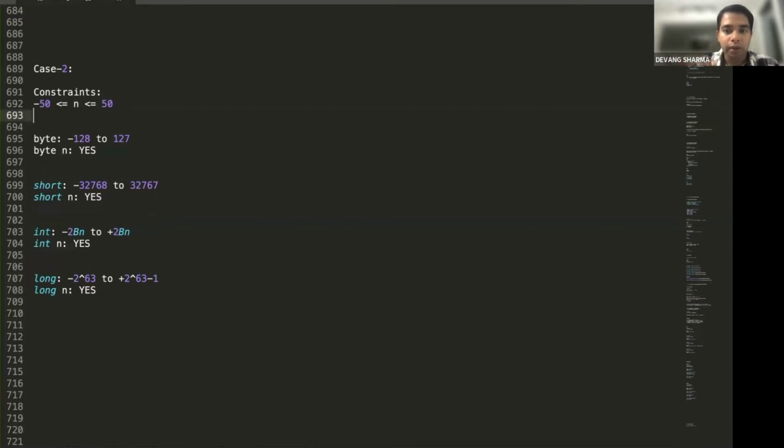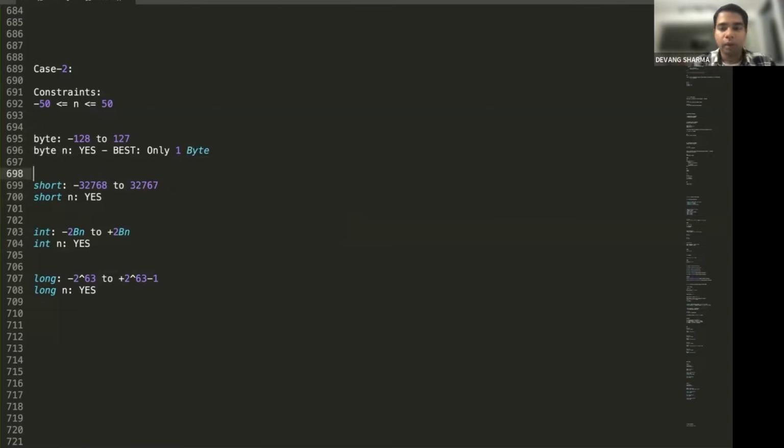I need to choose one. Which one will you choose and why? You can still get the answer in 1 byte. Why do you want to store in 2 bytes, 4 bytes, or 8 bytes? As a good programmer, you should be very efficient with your time and memory. So byte is going to be the best solution here. Why? I can still deal with the range that I'm dealing with by consuming only 1 byte.